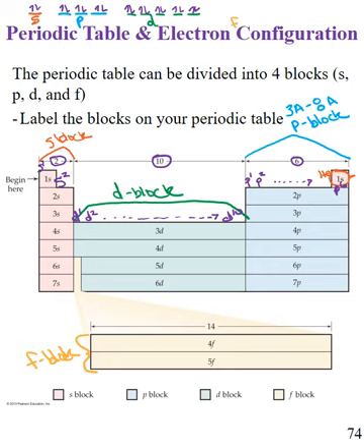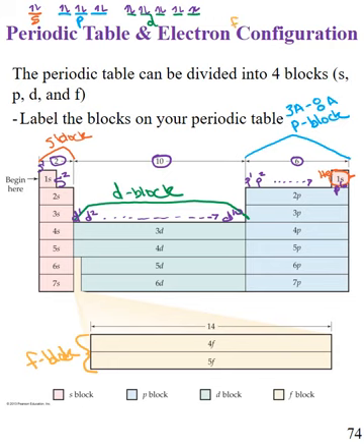So boron, the last subshell that boron will have is a P1. Aluminum, the last subshell will have a P1. Same thing with gallium, indium, and thallium. If I go to the next group over, this will be a P2. So carbon, the last subshell will be a P2. Same thing with silicon, germanium, and so forth.